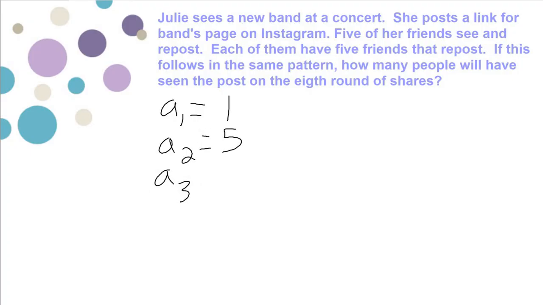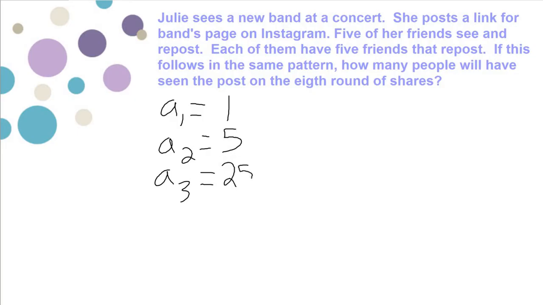But then as of a sub 3, the 3rd round, our n's are basically representing the rounds, how many people shared it in the 3rd round? 25. Because each of those 5 had 5 more friends that shared it.